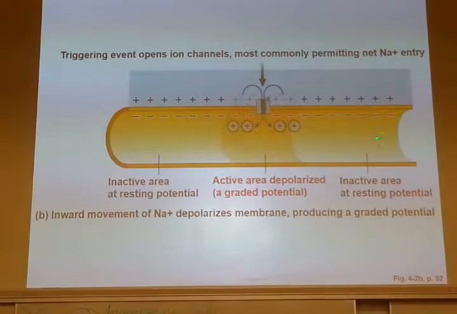It has no effect to the right. It has no effect to the left. So it's referred to as a local potential. It's graded because, like grades, they're either high or they're low. And they're low in graded potential because the charges are diffusing away from each other and also being pumped back out.